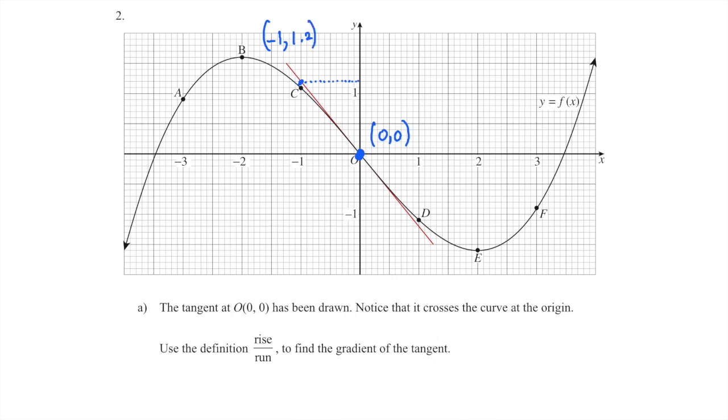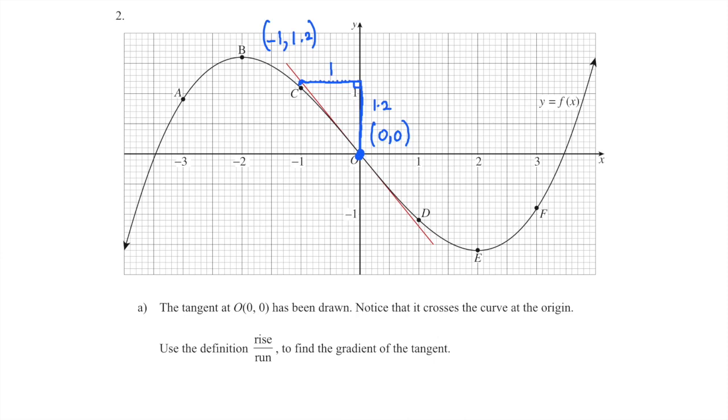So, if I was to draw a triangle in, the rise is 1.2, because I've risen from there up to there. We said it was 1.2, and the run is 1 unit to the left.